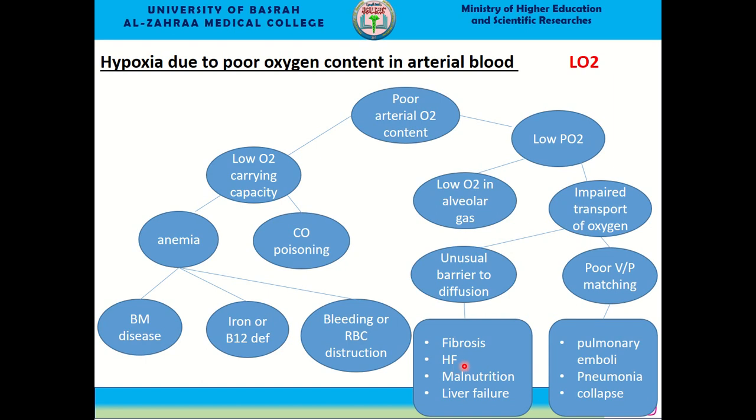In heart failure, or malnutrition, or liver failure, all of these three conditions, there will be pulmonary edema, and the fluid will surround the alveoli and even fill the alveoli sometimes, preventing the free diffusion of oxygen into the blood vessels.